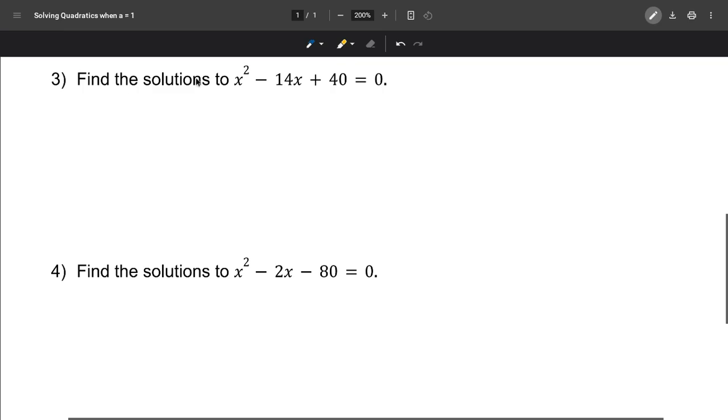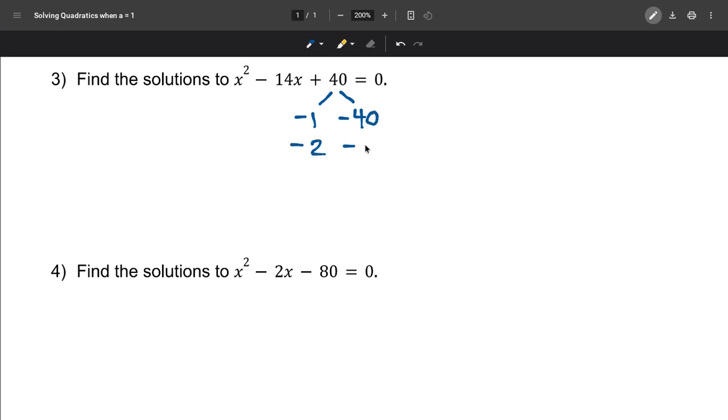All right, so this one, find the solutions to x squared minus 14x plus 40 equals 0. So again, we have negative 14x here, positive 40 here. I'm going to list the negative factors of 40, so negative 1 times negative 40, negative 2 times negative 20, and negative 4 times negative 10.